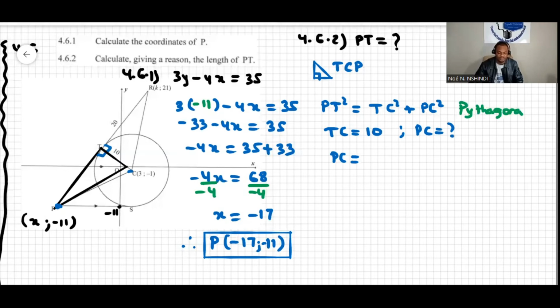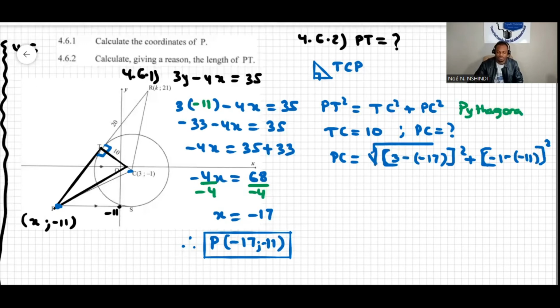The distance formula is given by the square root of (3 minus negative 17) to the power of 2 plus (negative 1 minus negative 11) to the power of 2.